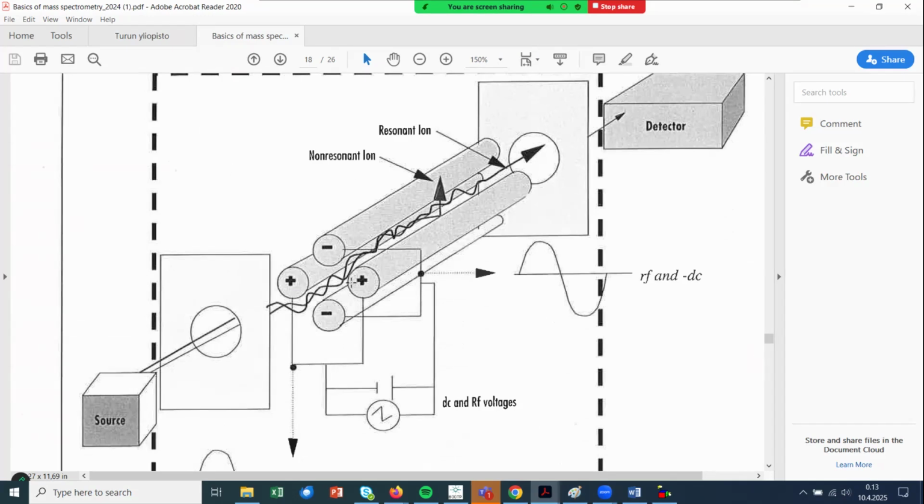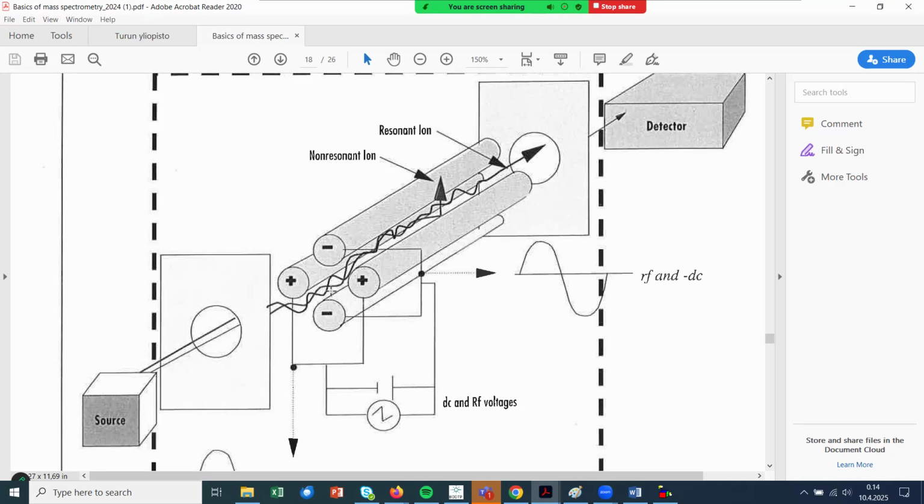One pair is in positive potential, one is in negative. And what we apply here is radio frequency and direct current. And actually what is done here is that by adjusting this radio frequency and direct current settings, at a certain time point, we only pass through one type of ion.